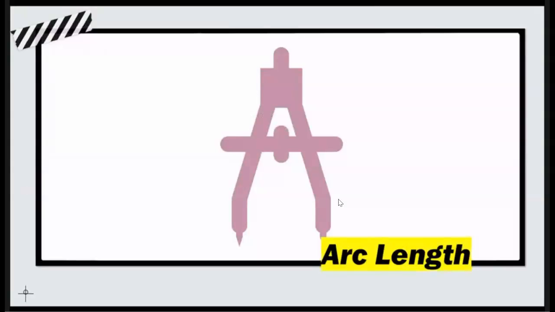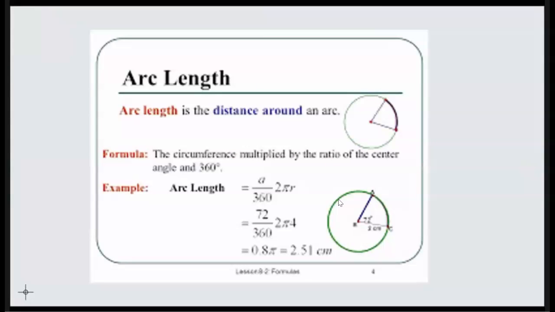Arc length, luckily, is easier. It's generally a formula that you need to plug in. The arc length is the distance around an arc. So we have a sector and we want to figure out the outer distance around my arc. The formula is just the circumference multiplied by the ratio of the center. We know the formula for the circumference of a circle is 2 pi r, so that's where this comes from.